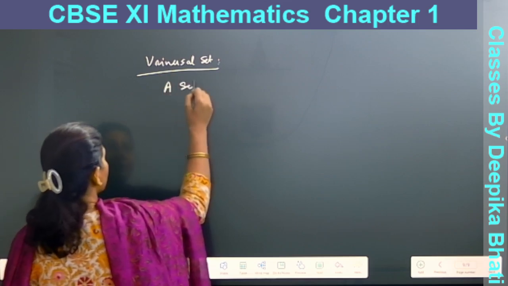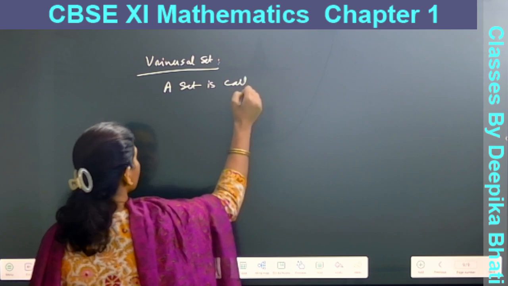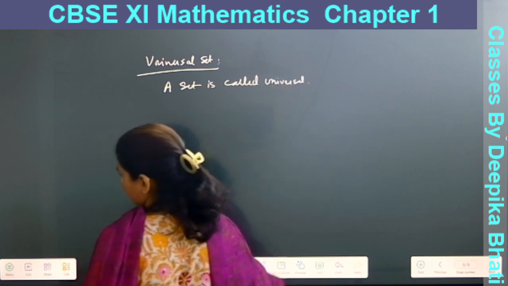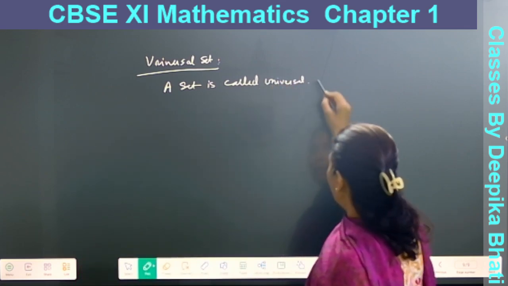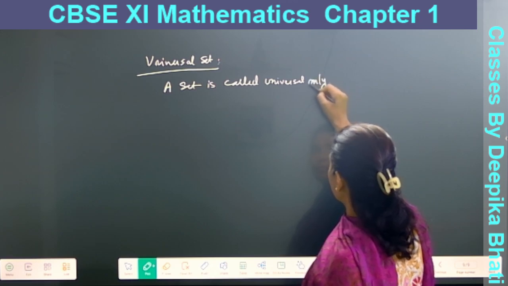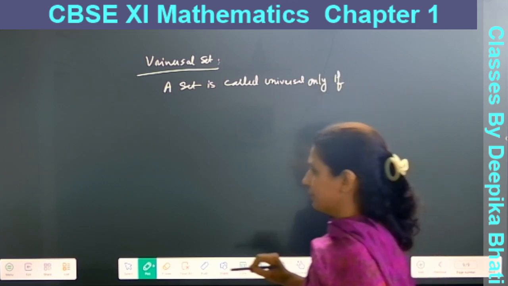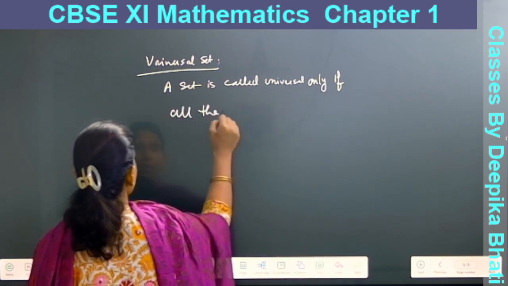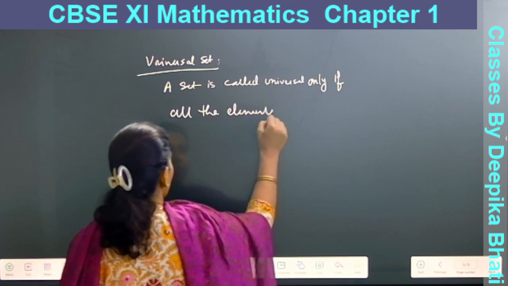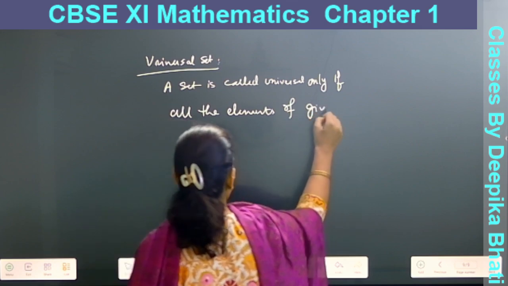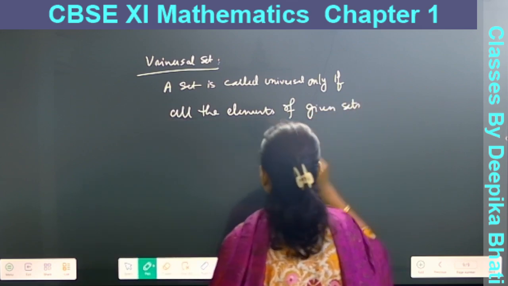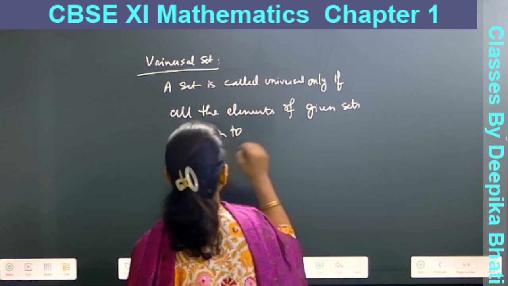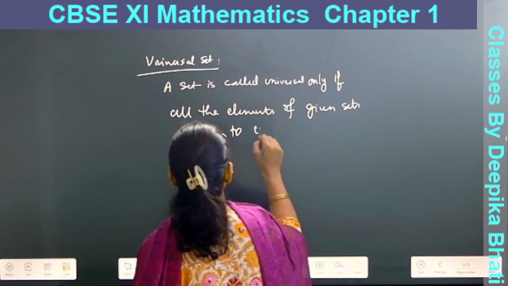A set is called universal only if all the elements of given sets belong to that set.